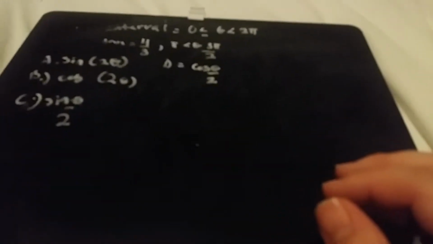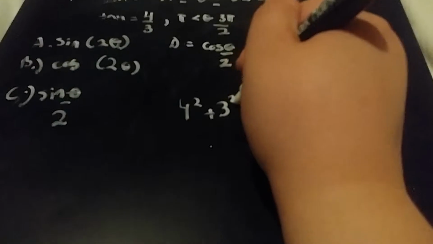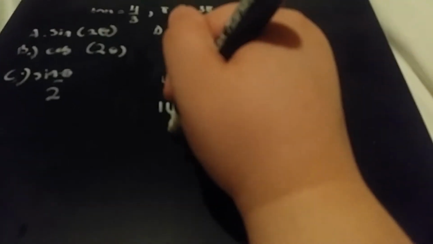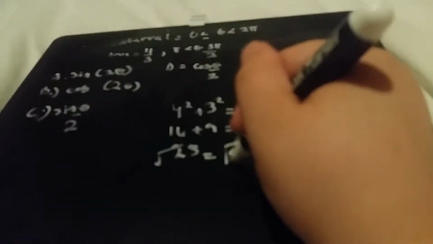Now, before we start, we already know that tangent is opposite over adjacent because of SOHCAHTOA. So let's find c. To do that, we take 4, we square it, plus 3 squared equals c squared. So this is 16 plus 9 equals c squared. That leaves you with 25, square root both sides. C is equal to 5.